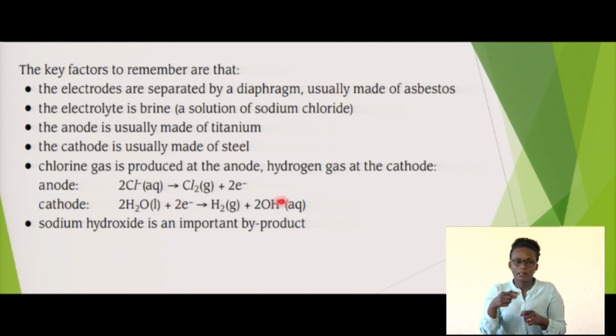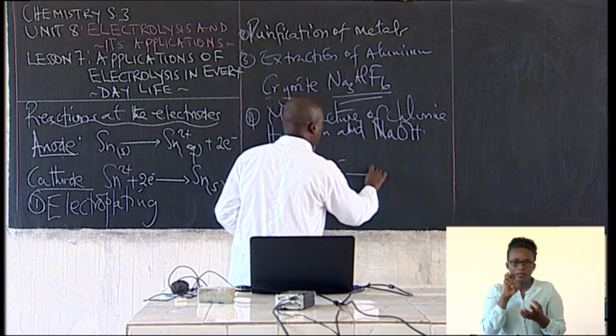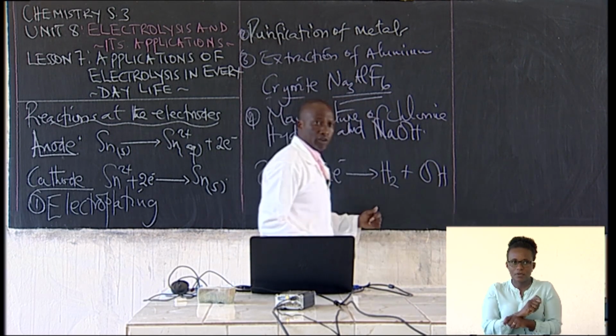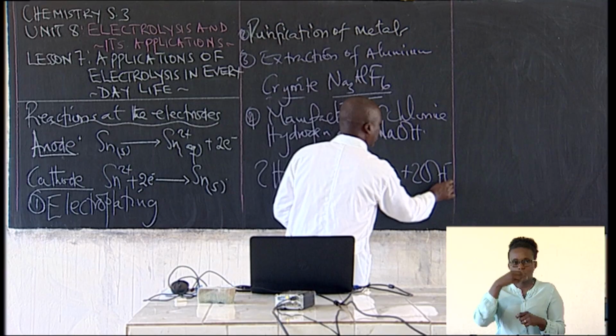And eventually, hydroxide ions are produced here, because water will be reduced. If water is reduced, you have the reduction of water gaining 2 electrons to produce the hydrogen gas plus 2 OH- ions.